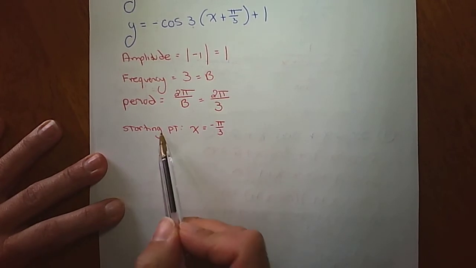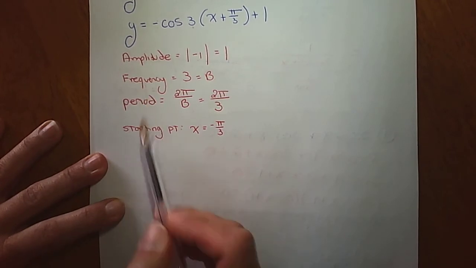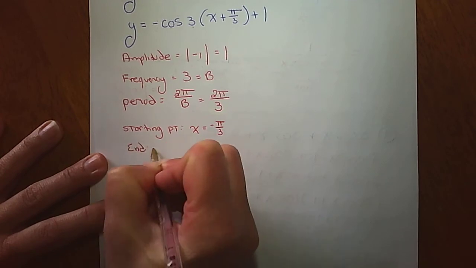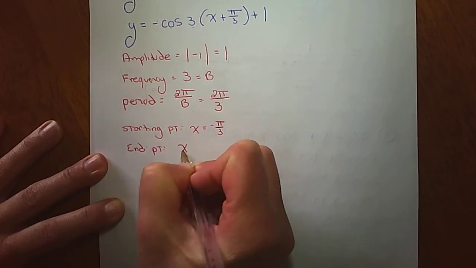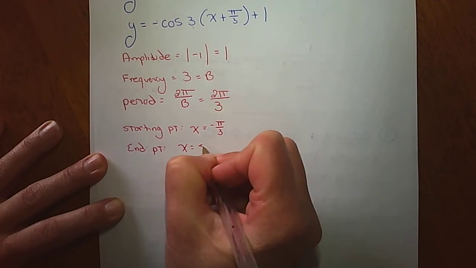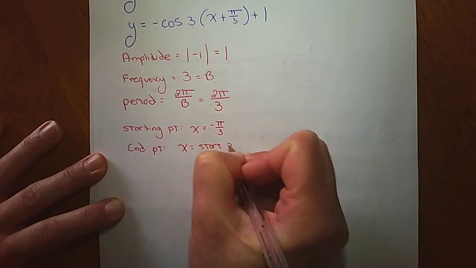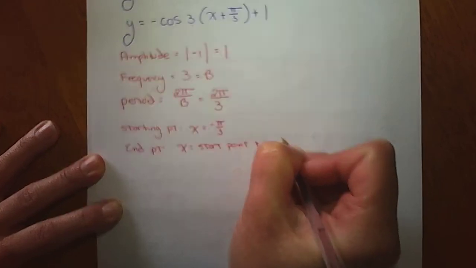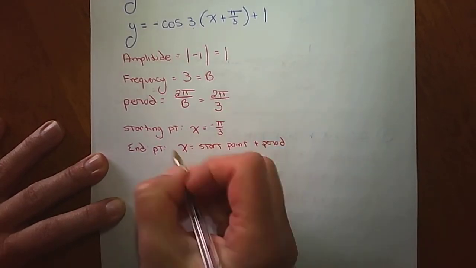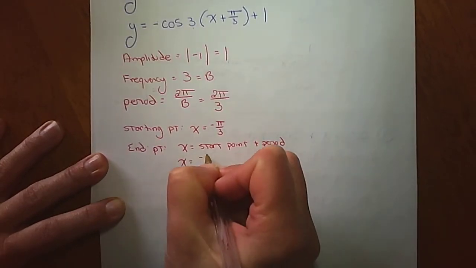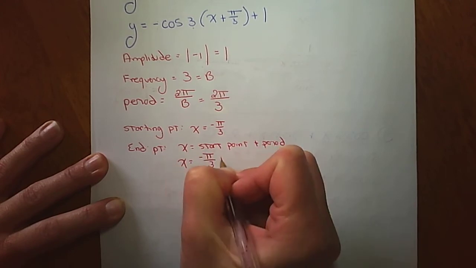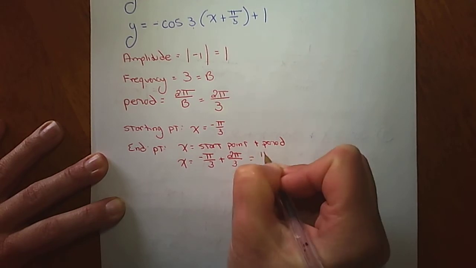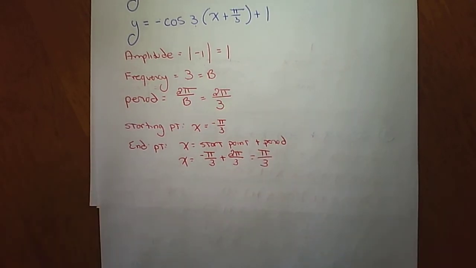Now if we have the period and the starting point, we can combine them to get the end point. What you always want to do is take the starting point and add it to the period to get the end point. So my end point is going to be negative pi over 3 plus 2 pi over 3. We add those together, I get positive pi over 3.